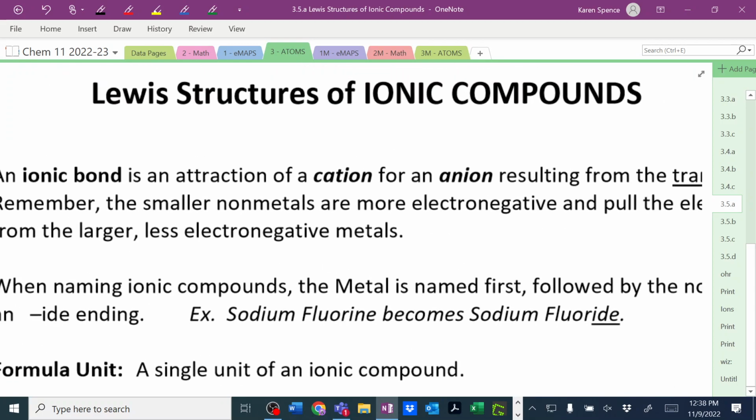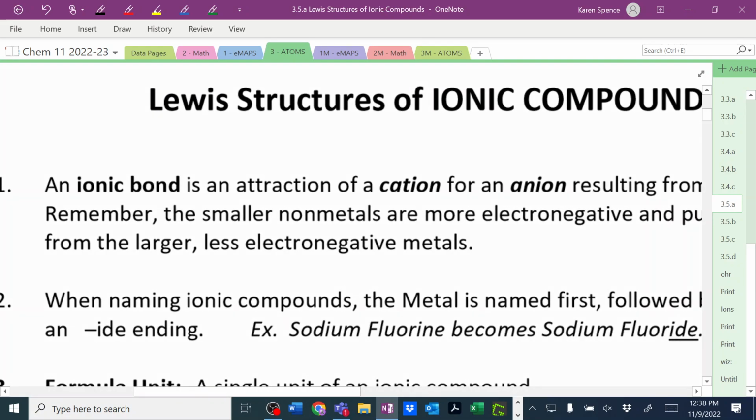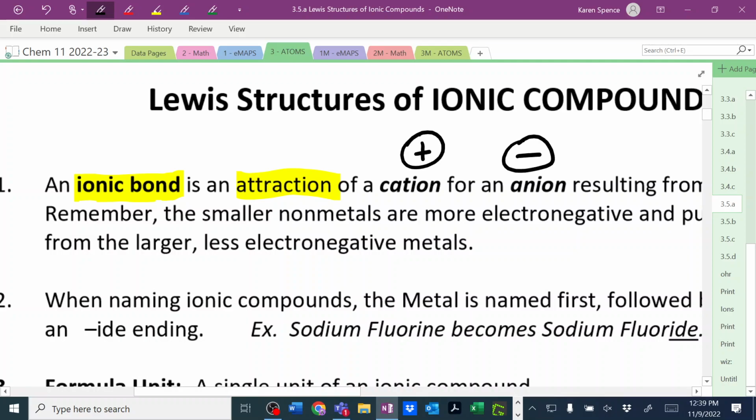So, an ionic bond. Are we familiar with the concept of an ionic bond? Yes. It is the attraction of a cation for an anion.